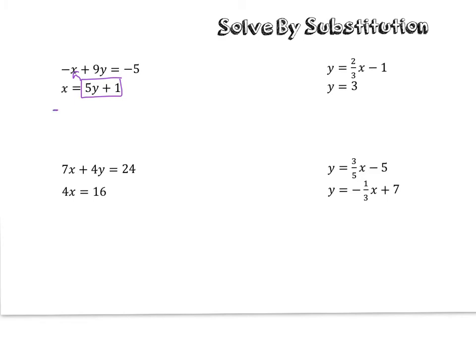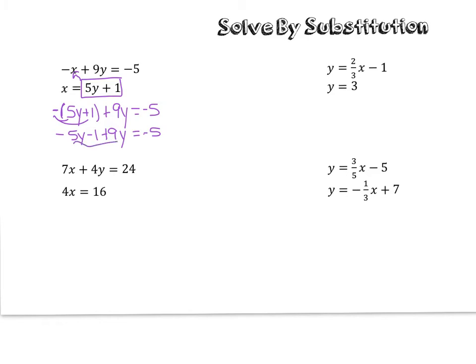So there's a negative sign, and the x gets a parentheses. So the x becomes 5y plus 1, and then we'll write down what's left, 9y equals negative 5. So we have to distribute this negative, so we get negative 5y minus 1 plus 9y equals negative 5.